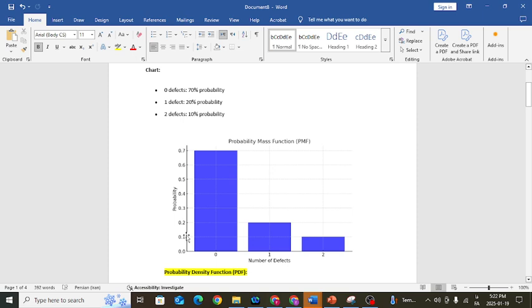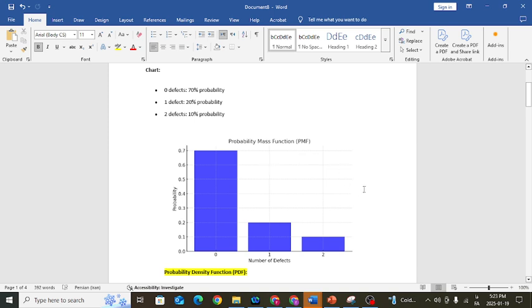So 0 defects shows about a 70% probability, as you can see. The probability of 1 defect in our production is about 20%, and the probability of 2 defects in our production is about 10%.